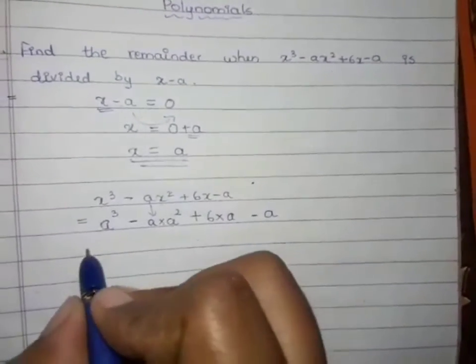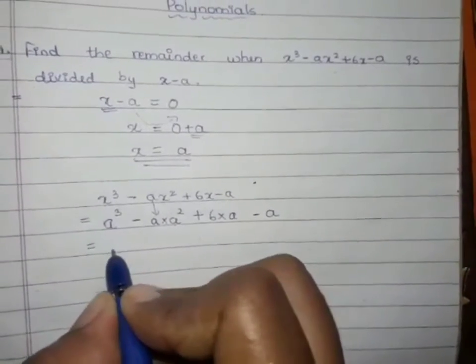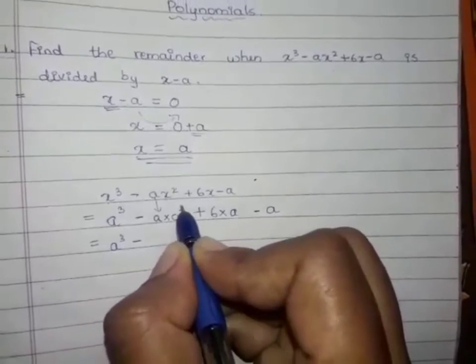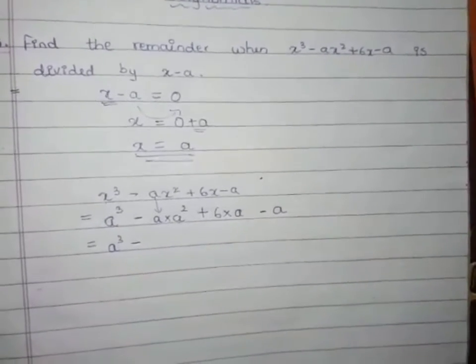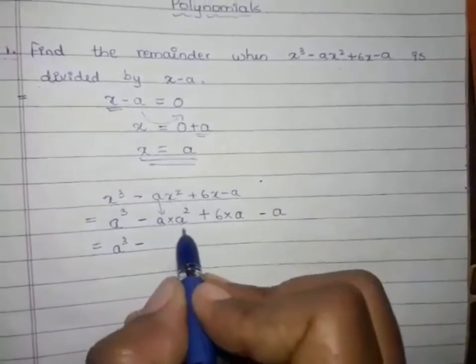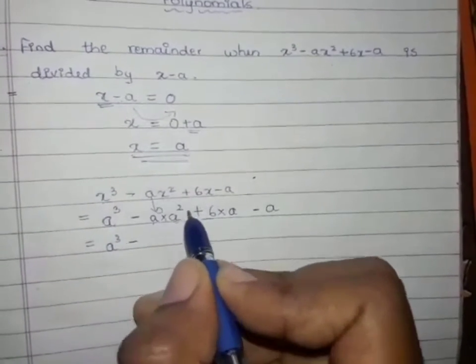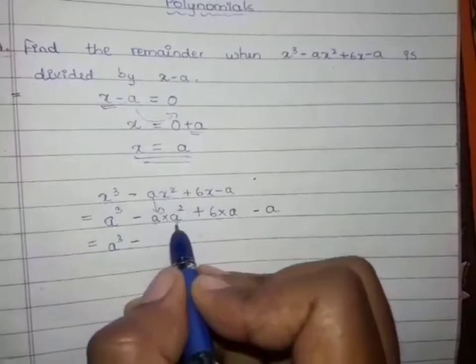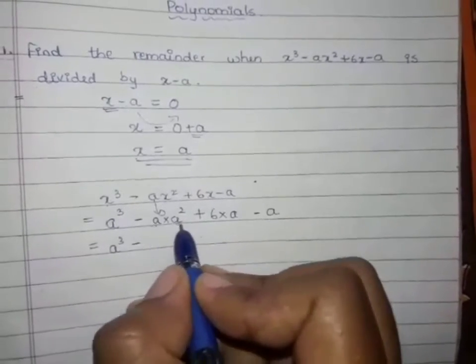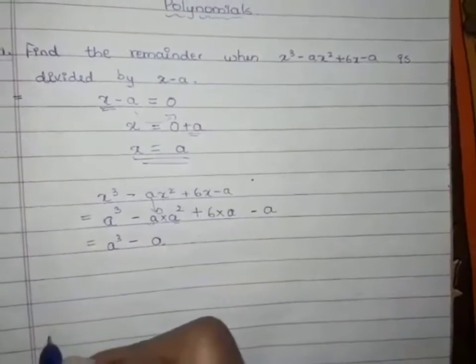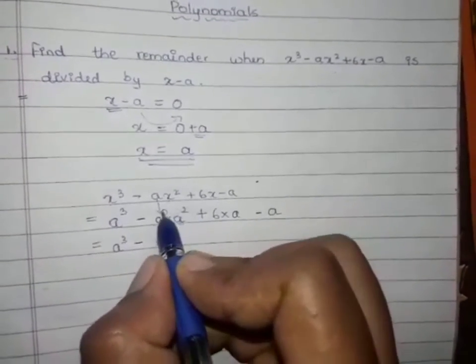Okay, so let us write down. a cube will be a cube itself minus a into a square. When you are multiplying two terms with the same base and different exponents, you have to write the base as it is and add the exponents.